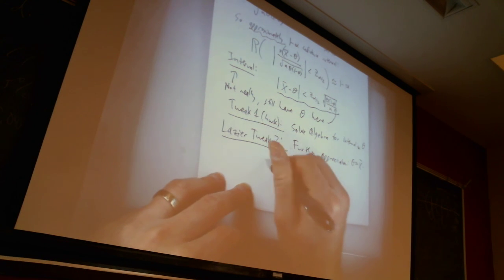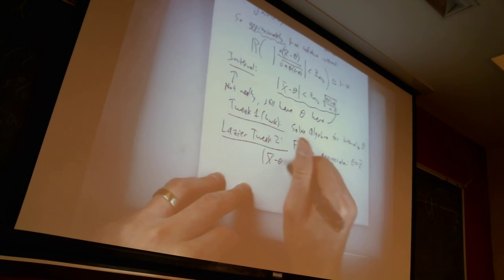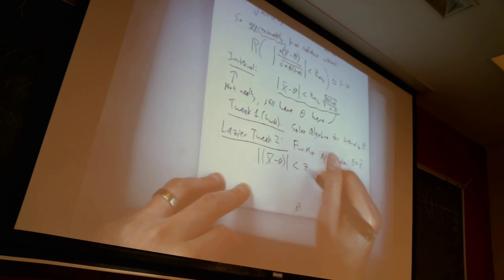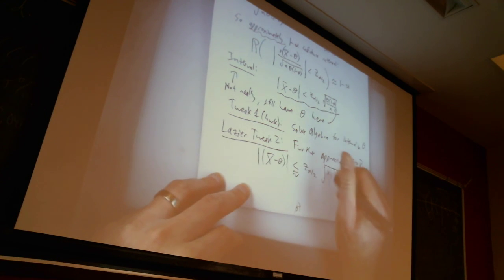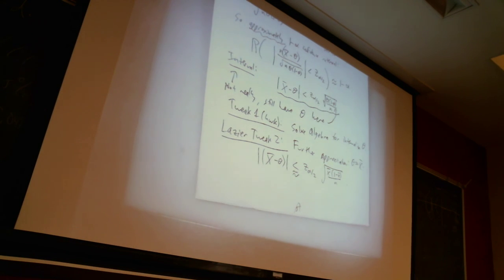And so now I have the interval that theta differs from X bar by at most z, and this is really rough, square root of X bar times 1 minus X bar over n. Okay? So this is like the crudest thing you could do. And, okay, we're going to get to the difference of Bernoullis next time.